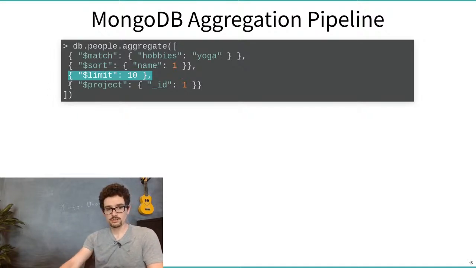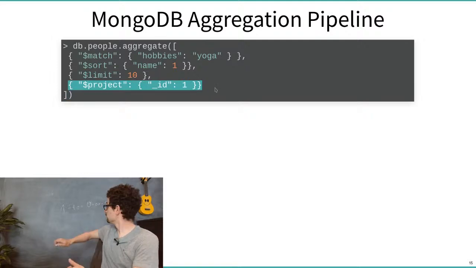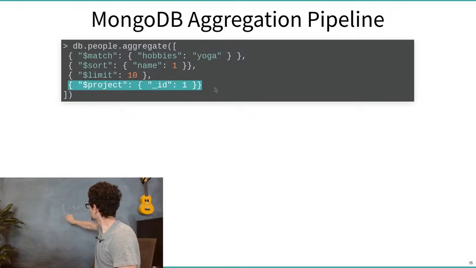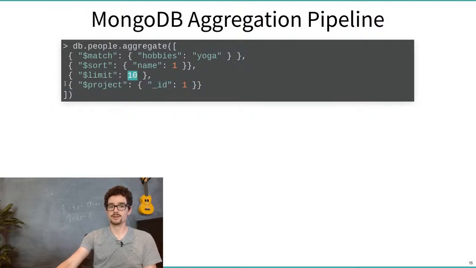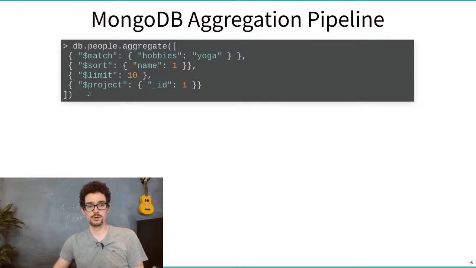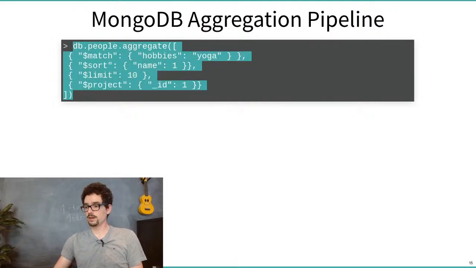And a project step is a 1-to-1 step. So if you have 10 documents because of the limit 10 before that project step, then you have 10 documents after that project step as well. And the nice thing on aggregation pipeline is that you can work step for step.